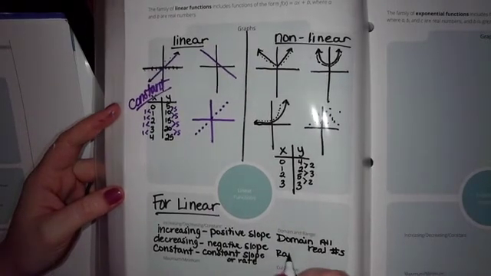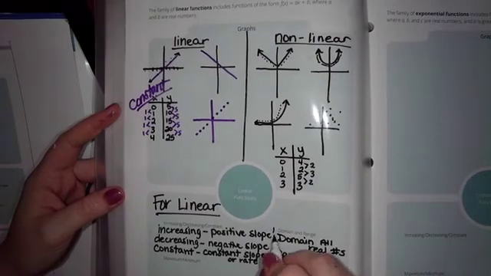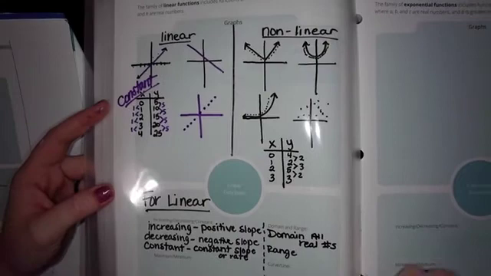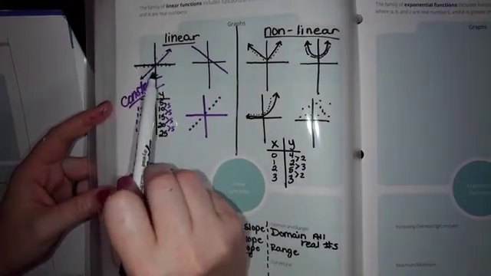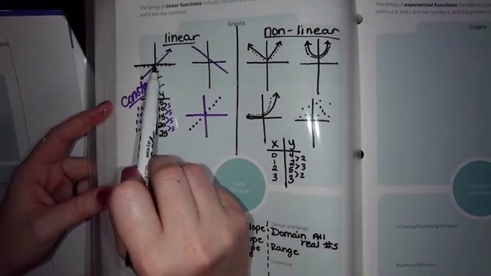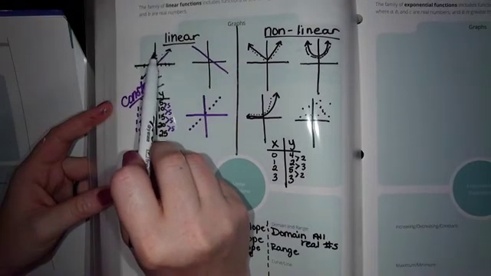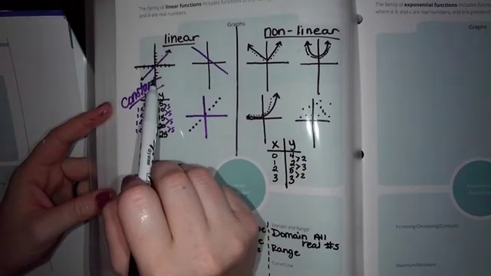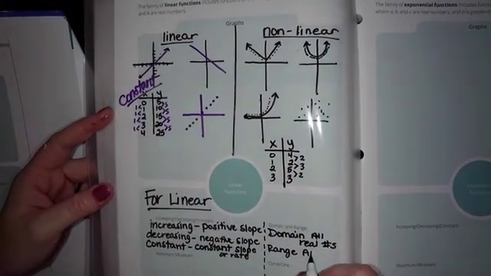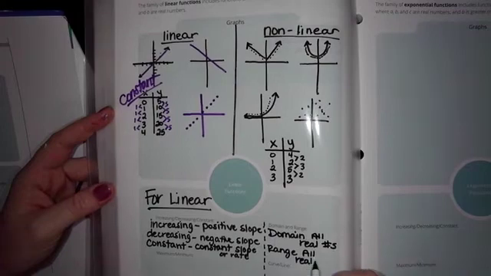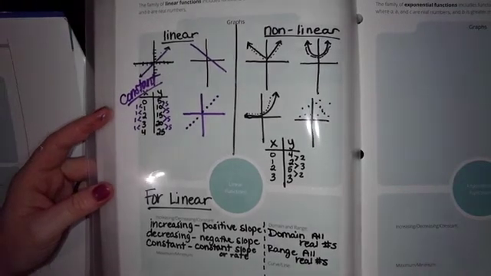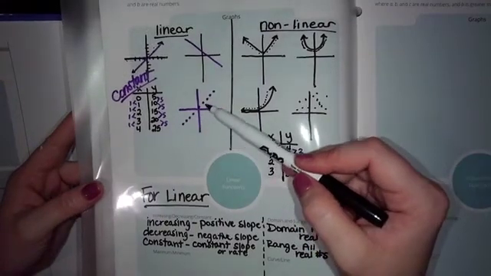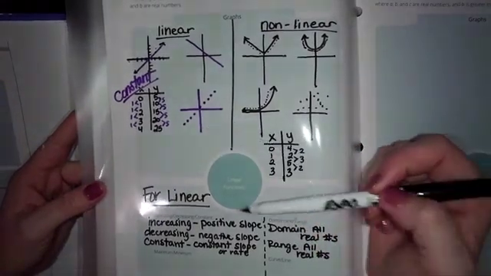The range, notice this is at like -3, -2, -1, 0, 1, 2, 3, 4. It would keep going 5, 6, 7, 8. This one would have been lower, so it would be all real numbers. Okay, the only exception to that is when they're just single points like this, but typically they're not.